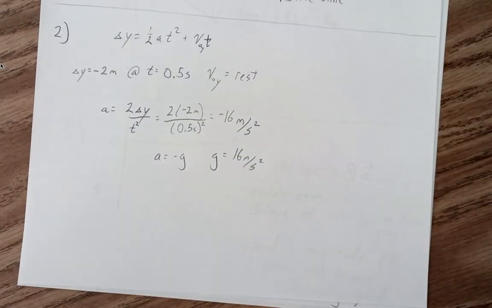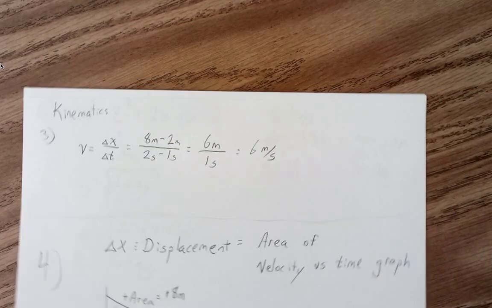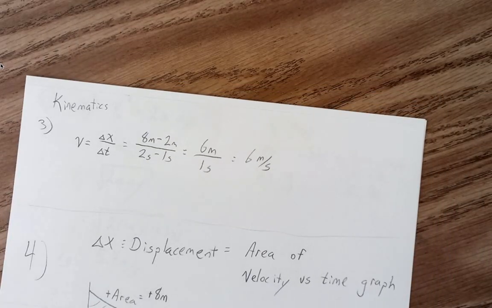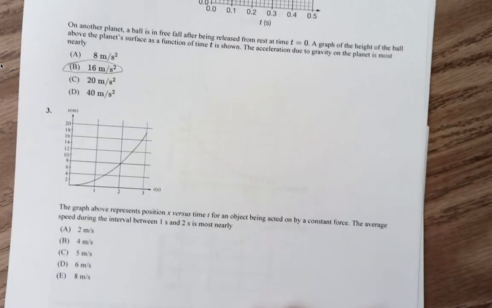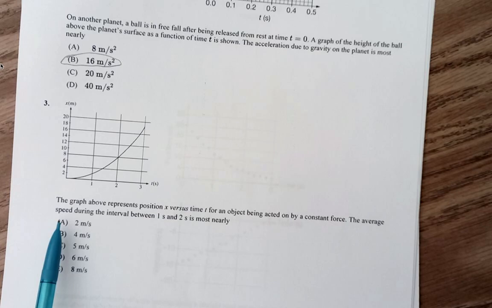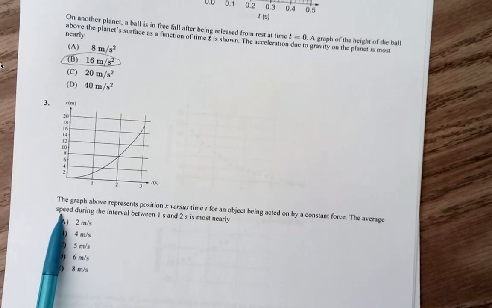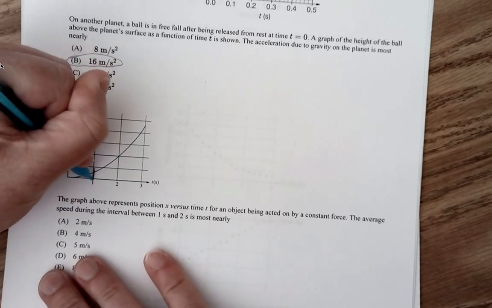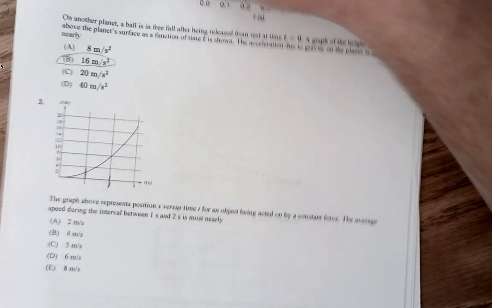As we continue to number 3, we're given a graph of position versus time, and it's asking for the average speed between 1 and 2 seconds.